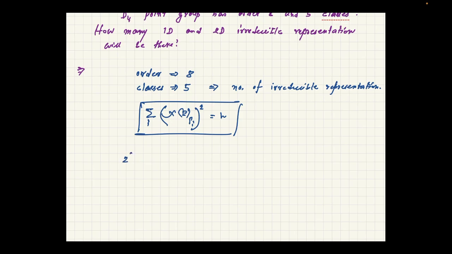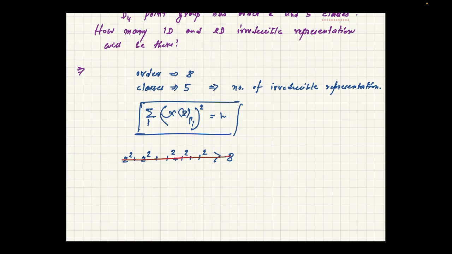So 2 square plus 2 square plus the rest one-dimensional: 1 square plus 1 square plus 1 square. Then 4 plus 4 is 8, so the sum will be greater than 8. So this combination will not be possible.